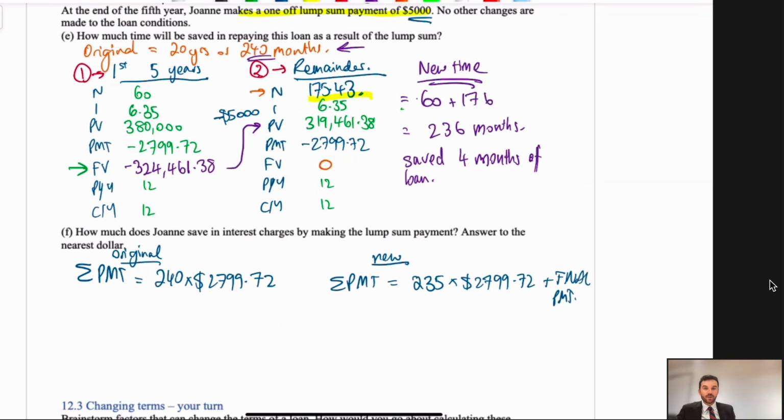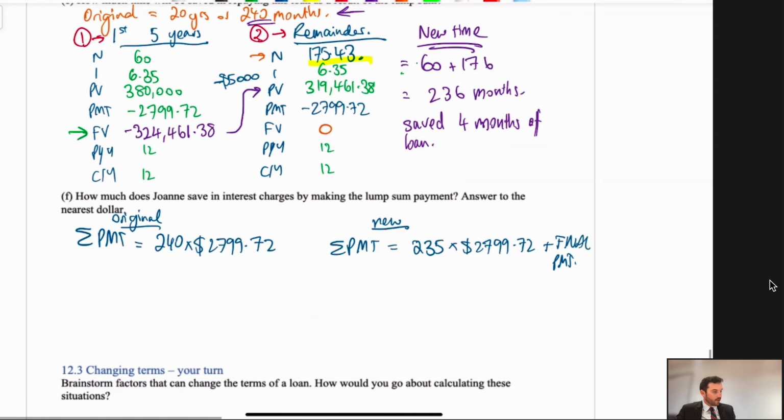So there's always that final payment that comes in. Okay, now over here, this amount goes to 671,932.80. And over here, we're going to have to work out that final payment before we can finish it.